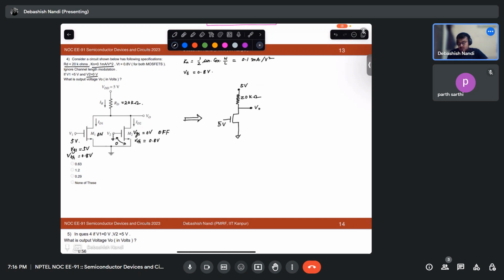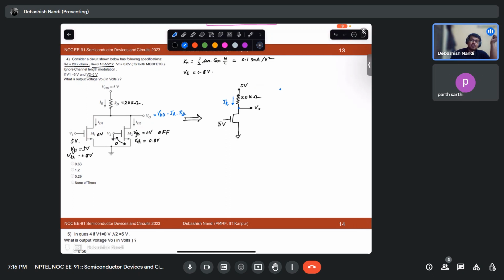So how will you find it out? First tell me, what will be the output voltage? Output voltage is nothing but your VDD minus IR times RD. This is your IR, let's say.